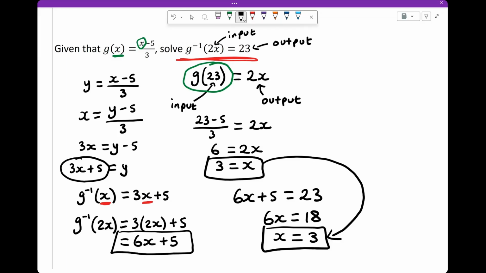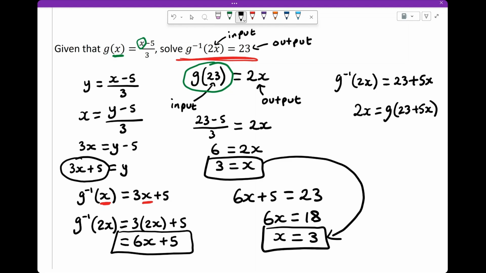However, that won't necessarily always be the case. If the original equation was a bit more complicated, for example, inverse g of 2x is equal to, say, 23 plus 5x, so we had another term in our equation involving x, then this second method won't be as much quicker. If I was to rewrite this equation without our inverse function, we would write that 2x is equal to g of 23 plus 5x.